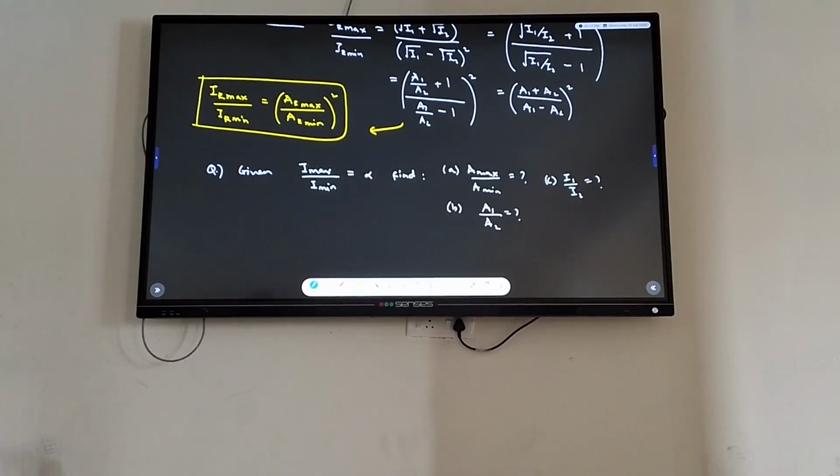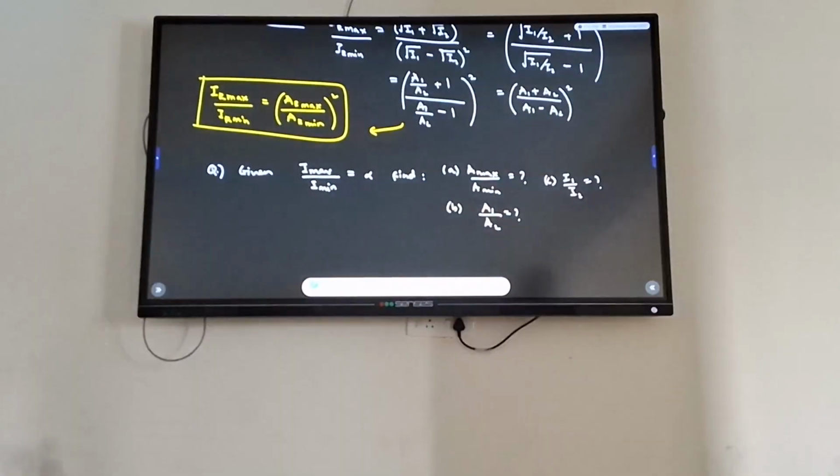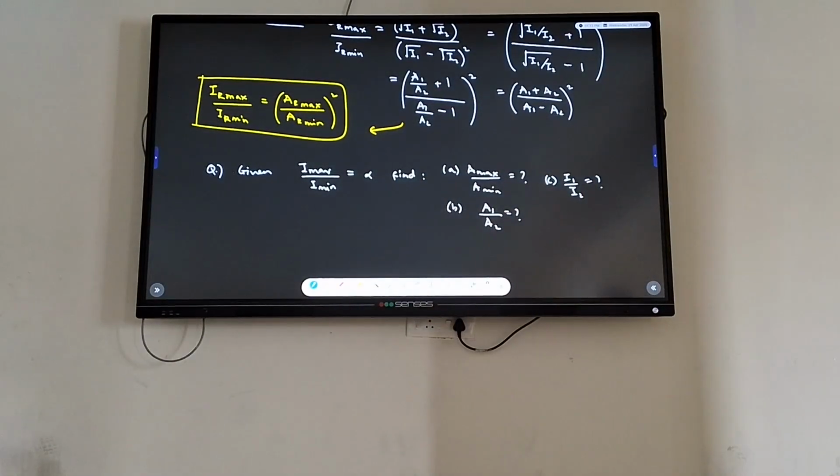Anybody else with A1 by A2? Alpha plus 1 by alpha minus 1. I1 by I2, sir? No, not I1 by I2. You're missing something. Do it very carefully, don't do it in a hurry.